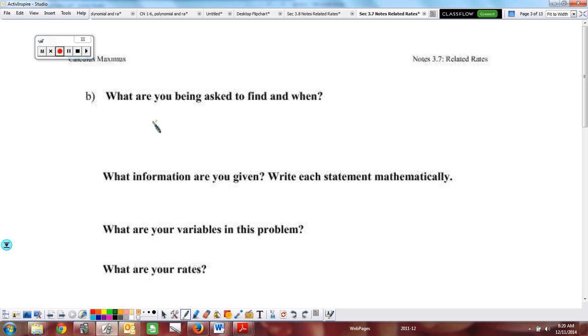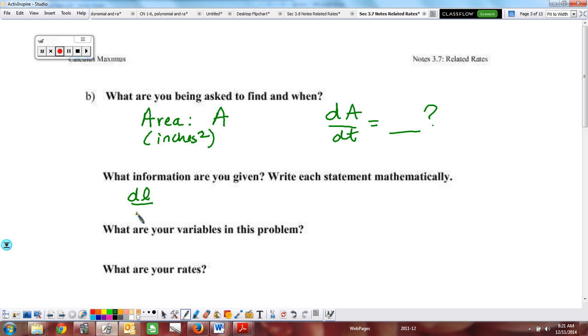In part B, we were asked to figure out how fast the area is changing. So our units would then be inches squared. So we're trying to find dA/dt. The information that we're given is the same. dL/dt was your -2 inches per second.